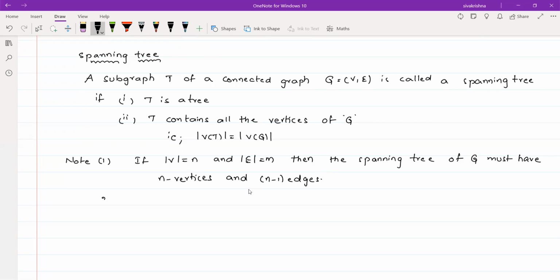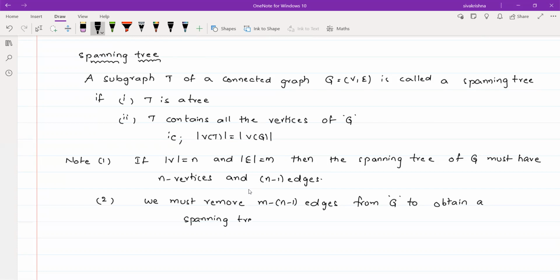Coming to the second note point, we must remove m minus (n minus 1) edges from G, the graph, to obtain a spanning tree. This is the most important point. Next we have to do some problems regarding spanning trees.